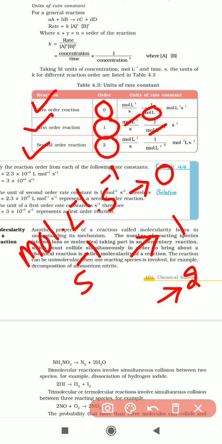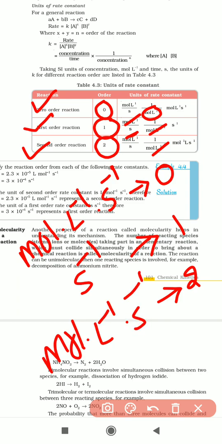For the second order reaction the power is square, two times, so one time will be cancelled. Mole liter inverse and mole liter inverse, one time will be cancelled. Therefore the remaining units are liter mole inverse second inverse. This is the unit of the second order reaction.